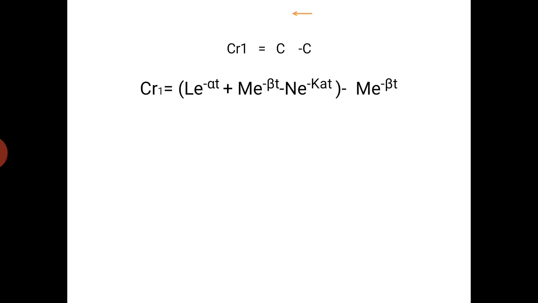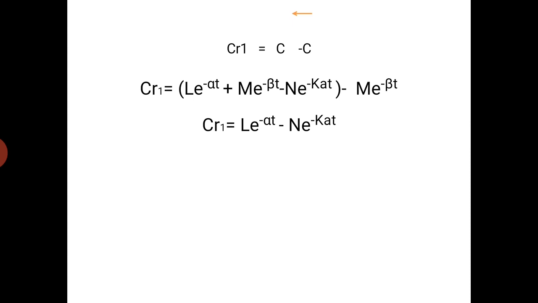What is the equation now? CR1 is equal to L e raised to minus alpha t plus M e raised to minus beta t minus N e raised to minus k_a t minus C back extrapolated, that is M e raised to minus beta t. So we have the final equation as CR1, the first residual line, equal to L e raised to minus alpha t minus N e raised to minus k_a t.